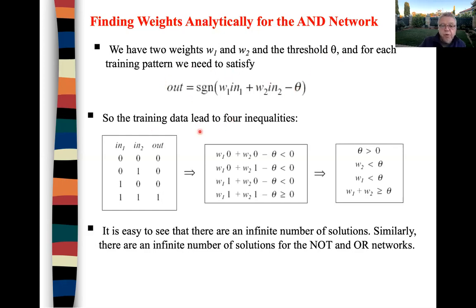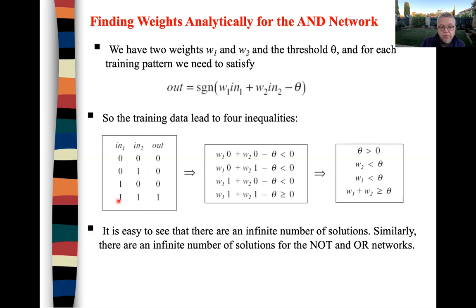So for example, for the AND function, if we replace in1 and in2 in this equation, we have W1 times 0 plus W2 times 0 minus theta should be less than 0, because we want the output to be equal to 0. And the same thing for the second input, W1 times 0 plus W2 times 1 minus theta, and we want the output to be 0, so it has to be less than 0.